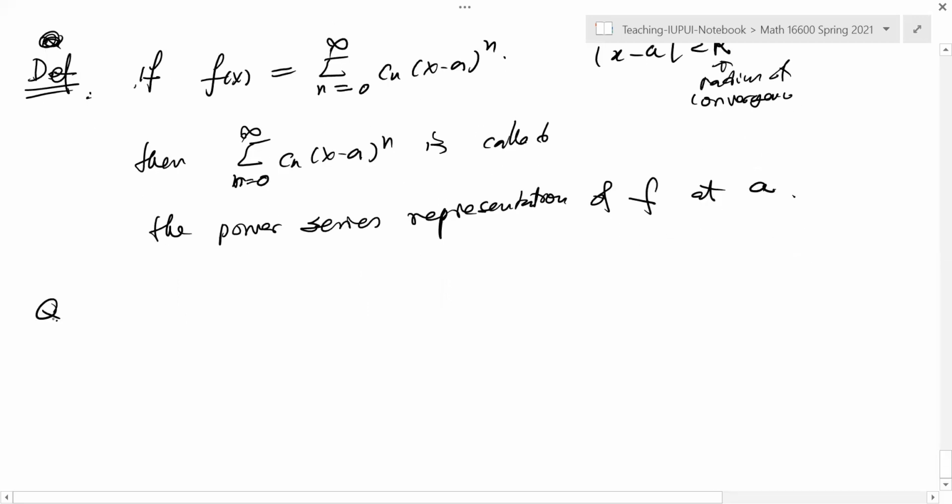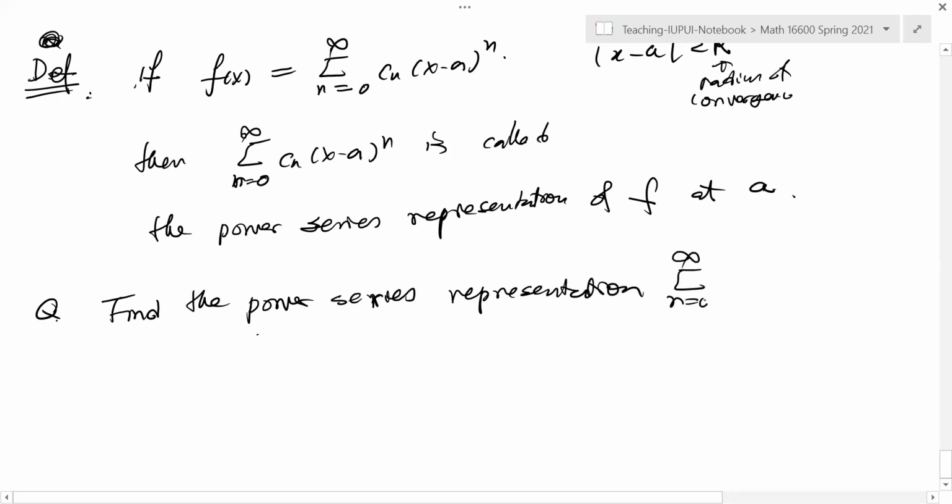Then I can ask the following question. Find the power series representation in the form, I have to mention what it is for, for the function f of x.